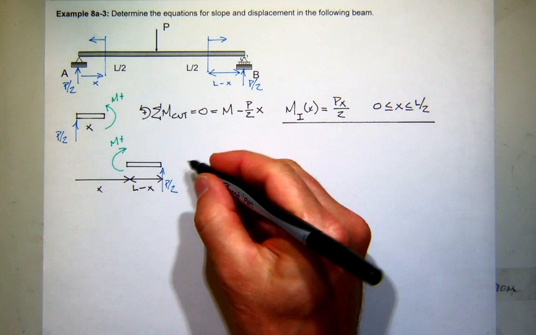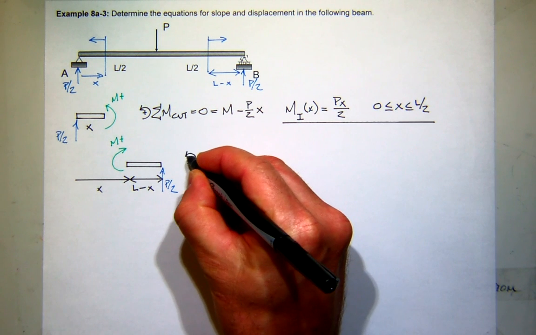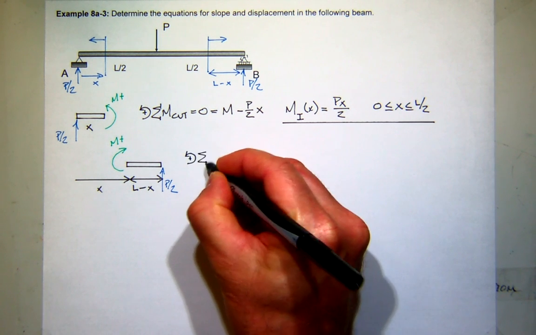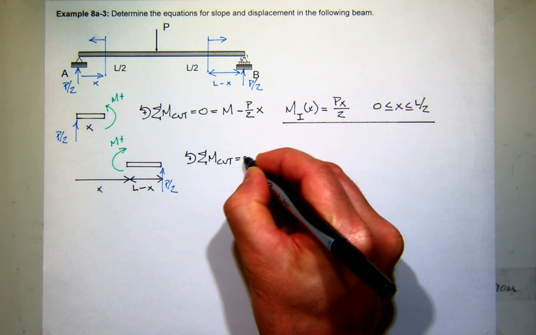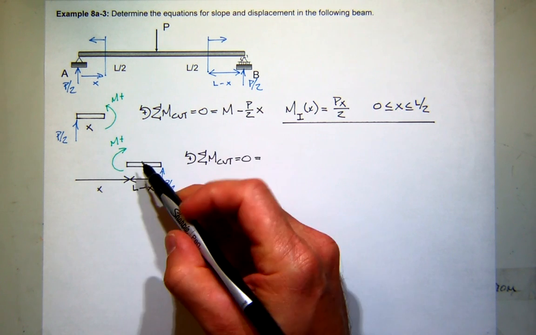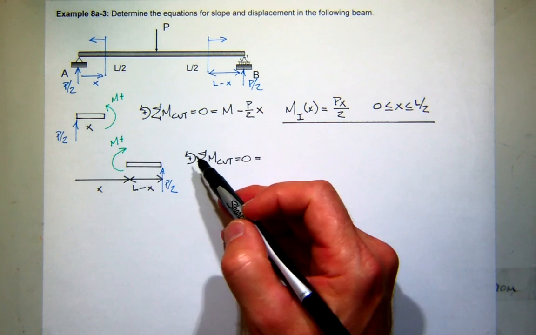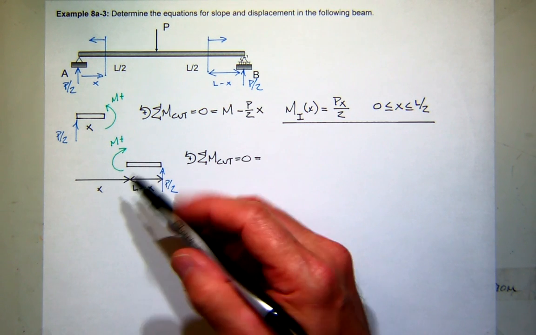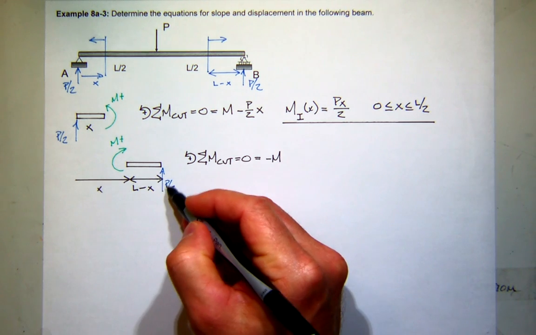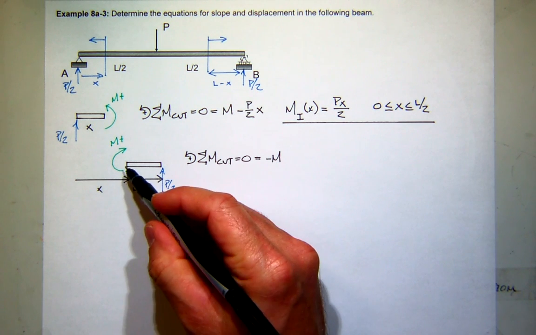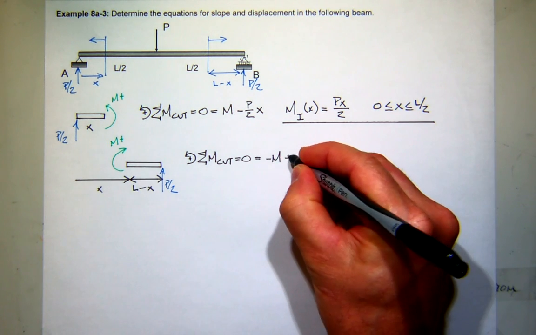So we'll do the same thing as we did before. We'll sum the moments at the cut. Again, I'll assume right-hand rule for the sign convention. Now this positive bending moment with this static sign convention is negative. And the moment of this force P over 2 about the cut is positive.